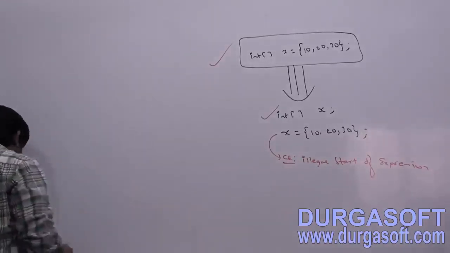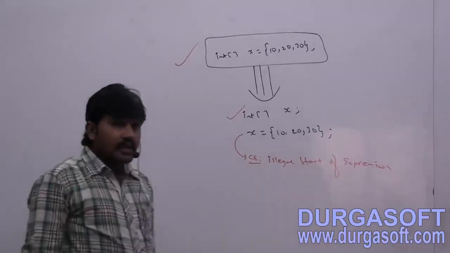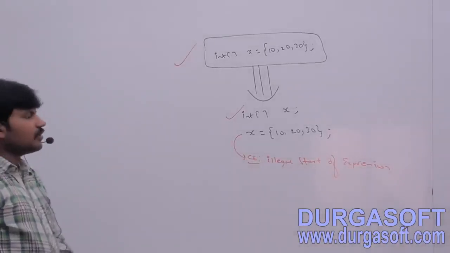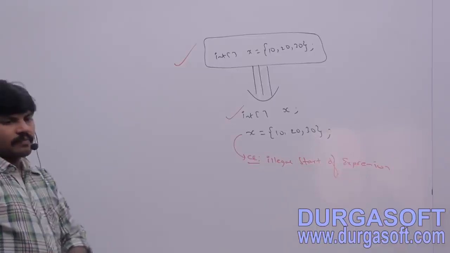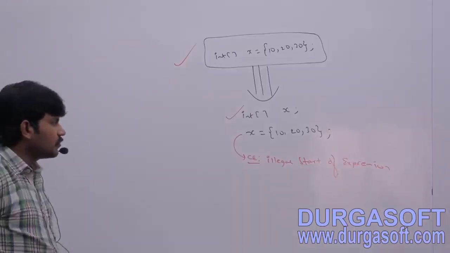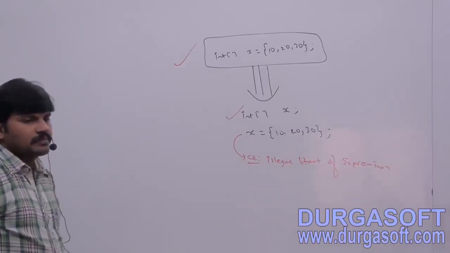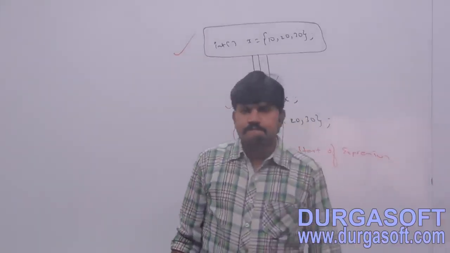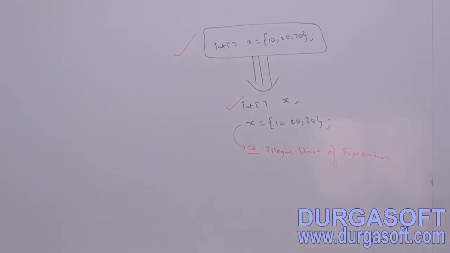Take this example well. Int array x is equal to 10, 20, 30. This is the first one. Now if I try to divide into multiple lines, a compile time error we are going to get.